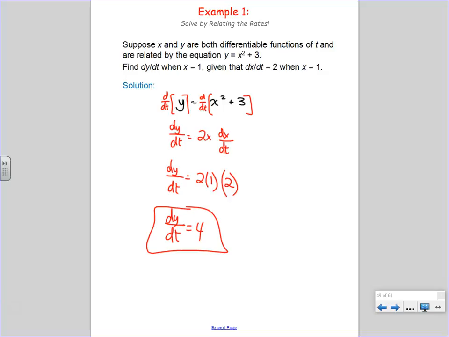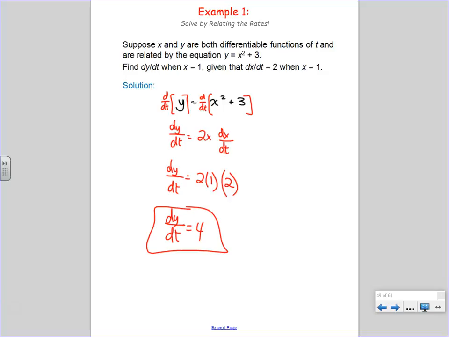Where'd you get dx/dt? Ah, the struggle with implicit. Remember, when we were taking the derivatives of y's before, it was d/dx, and so there was an outstanding y prime. But now that we're taking the derivative with respect to t, both x and y will have their own respective chain rules, in the sense that the derivative of y is 1, but I need dy/dt because y has a derivative with respect to t.